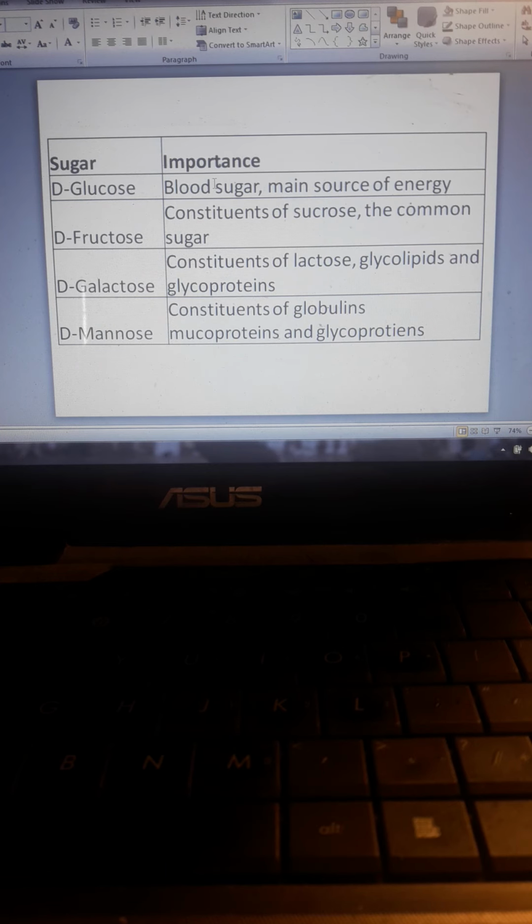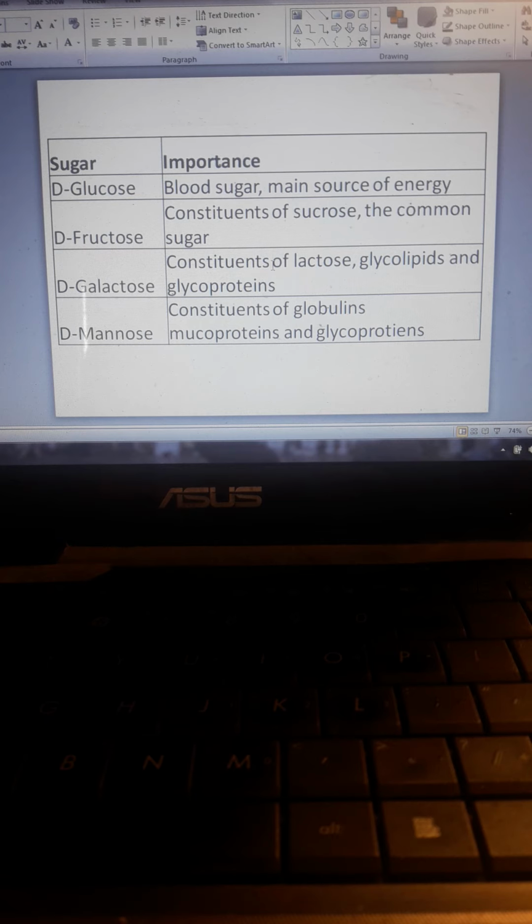So we have sugars, the importance. D-glucose is known as blood sugar or the main source of energy, because glucose is broken down in the process of glycolysis, which leads to the generation of energy in the form of adenosine triphosphate, or ATP. You have D-fructose, a constituent of sucrose, the common sugar, and the sweetest of all sugars is fructose.